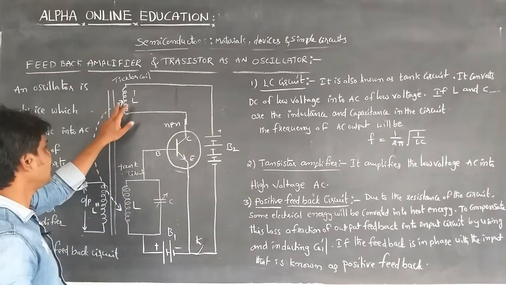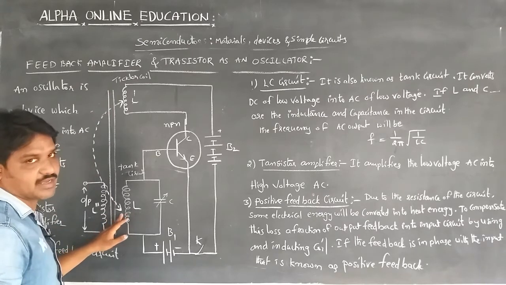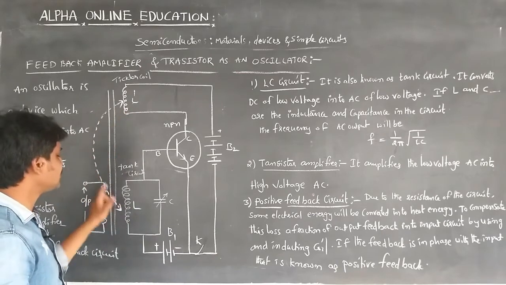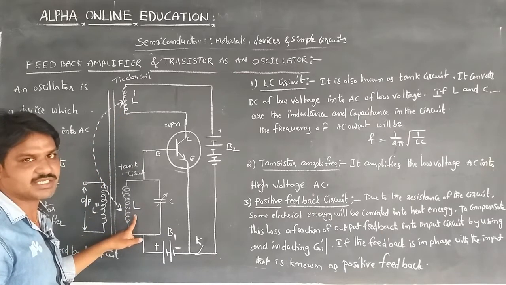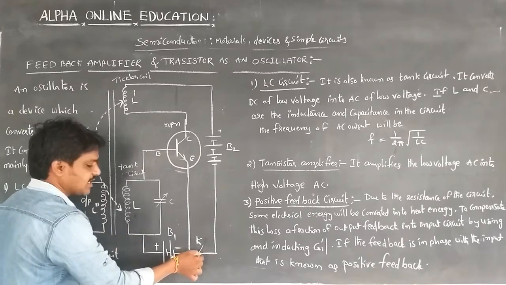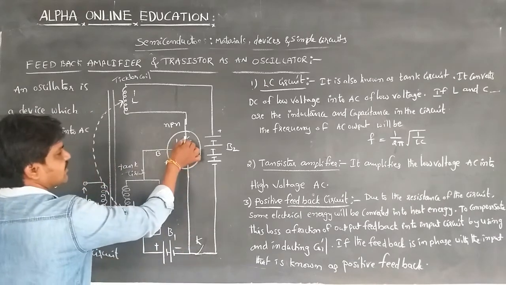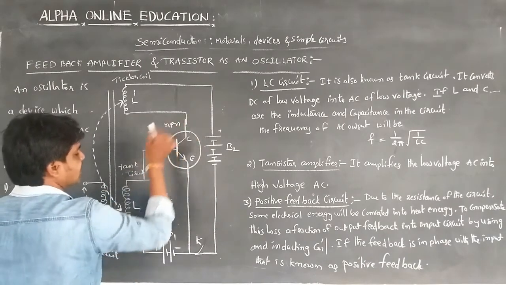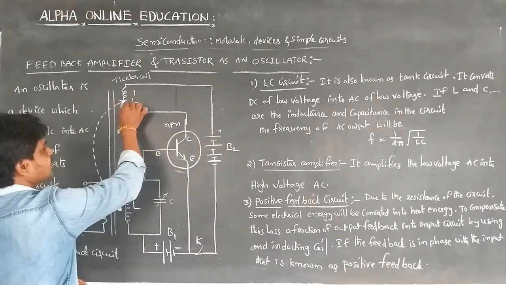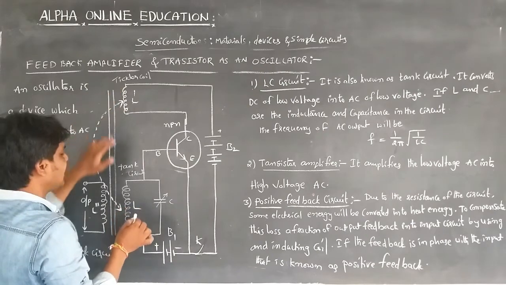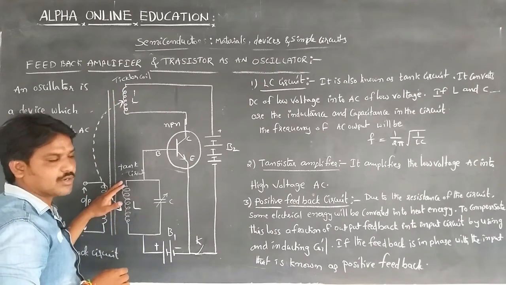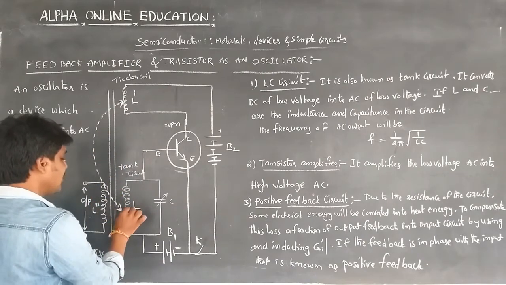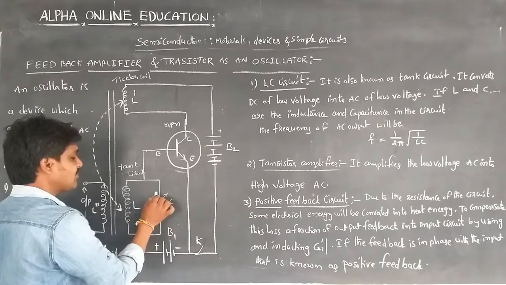Due to the mutual induction between L dash and L, the tickler coil and the tank coil, an EMF is induced in L. This will charge the upper plate of the capacitor positively.